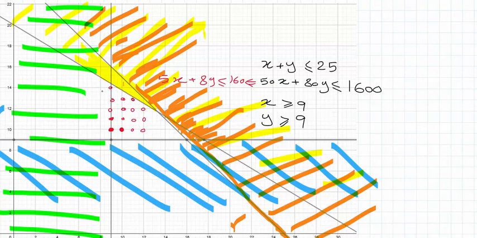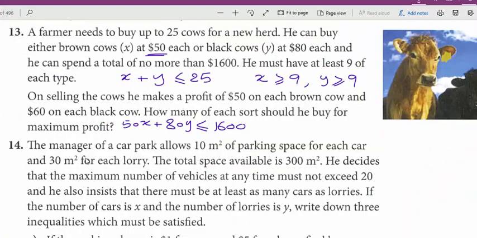Then if you continue with the question, it says that when he sells them, he makes $50 profit on each brown cow and $60 on each black cow. For the maximum profit, the maximum number of cows that he can have is 9 brown cows and 14 black cows. 9 times 50 plus 14 times 60 will be the profit for the farmer.